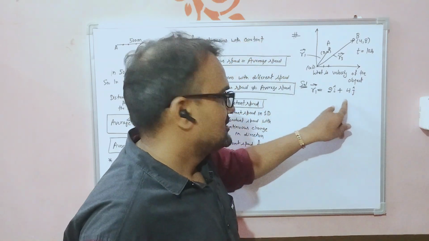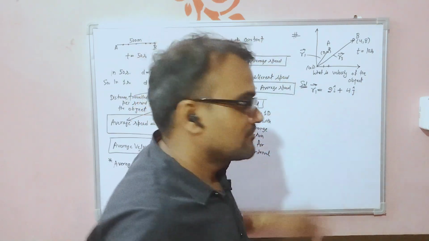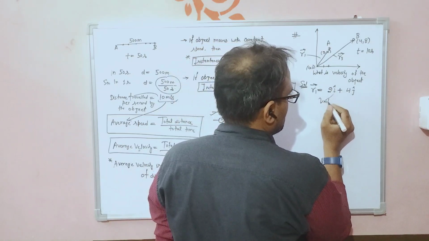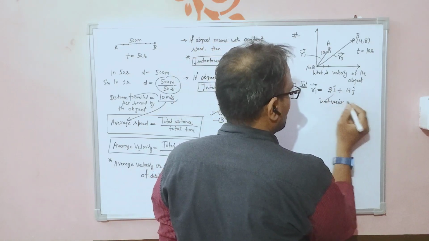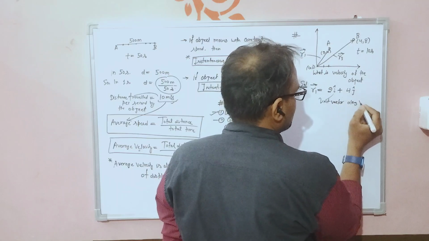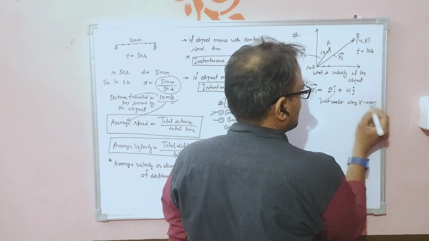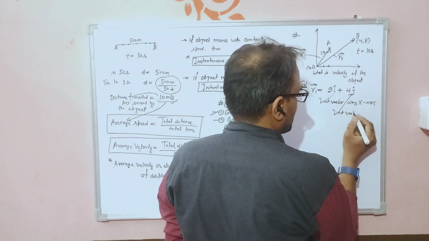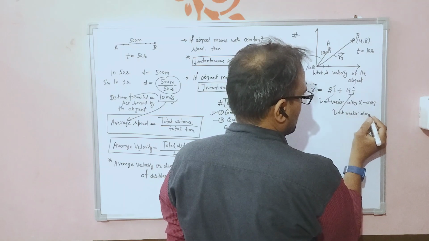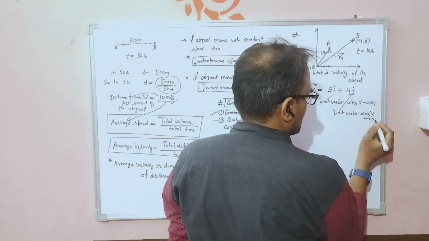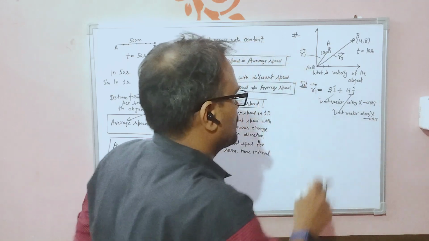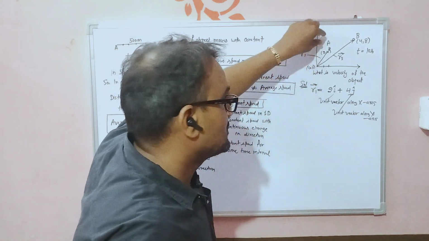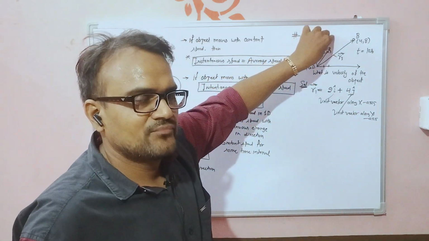These are called unit vectors. So this i hat is the unit vector along the x-axis and this j hat is the unit vector along the y-axis. Okay, now this is the position vector corresponding to the initial position of the object, right?